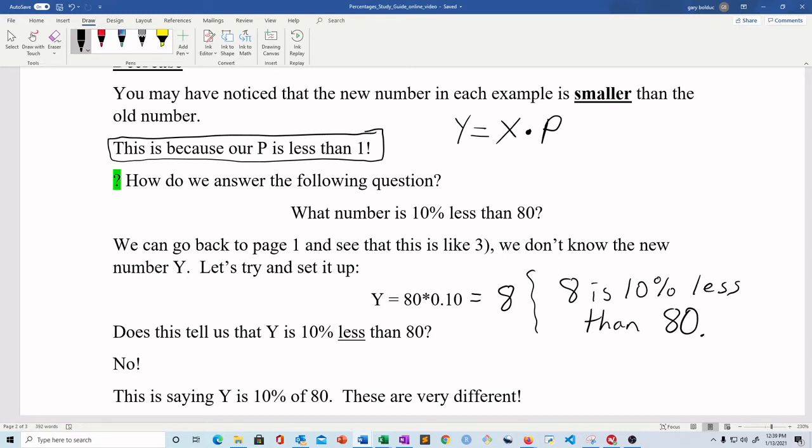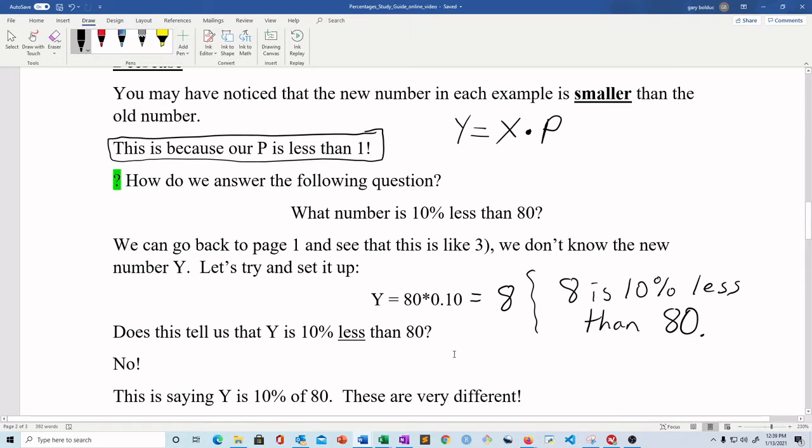So say it out loud: I want to take a small amount away from 80. What should I have left? I should have something pretty big still, right? I only took away 10%. That's small. I should be left with a lot. But wait, 8, that's really small compared to 80, right? This 8 here is way too small. That's not 10% less than 80. That's 10% of 80.